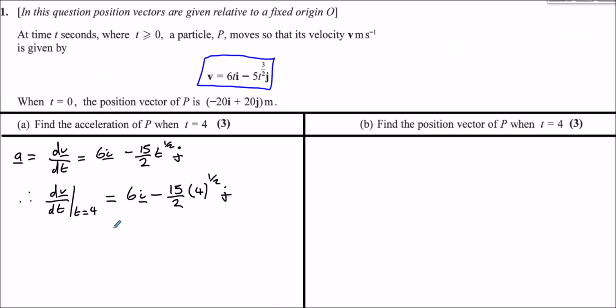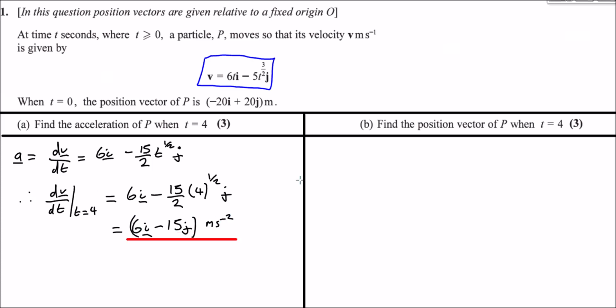Using your calculator or otherwise, 6i is going to stay, and 4 to the half is the square root of 4, which is 2. Those 2s cancel, so I'm just left with minus 15j. So the acceleration is 6i minus 15j meters per second squared. So we've done part A.